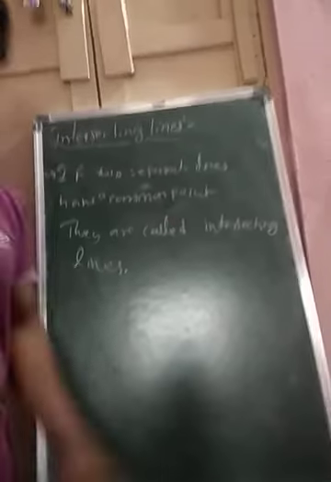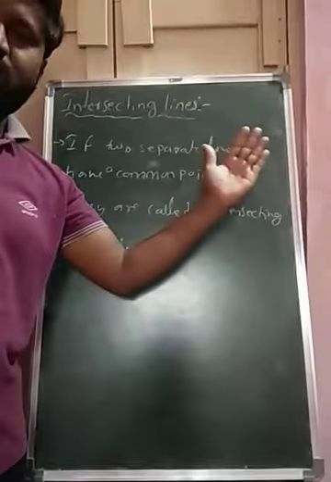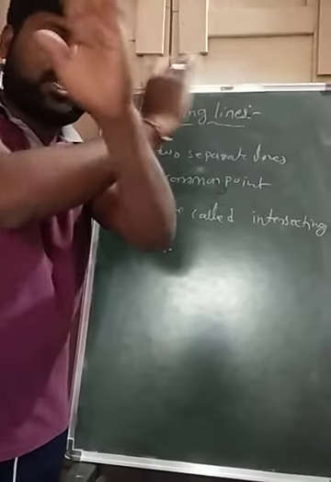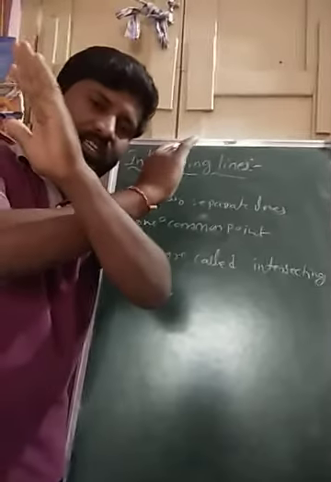For example, this is one line and this is another line. These two lines have a common point, so they are called intersecting lines.